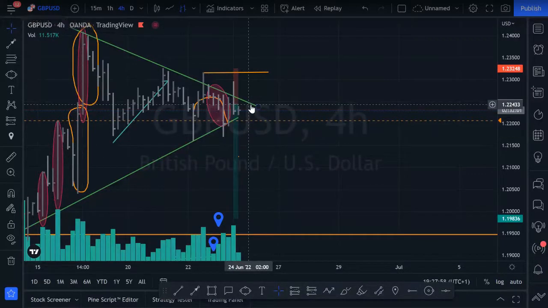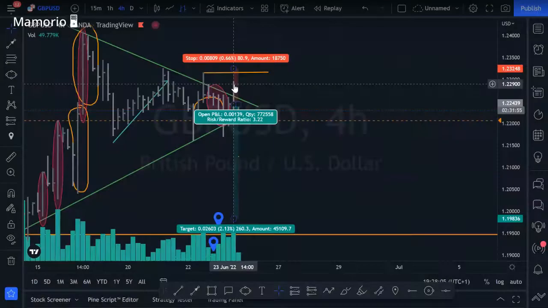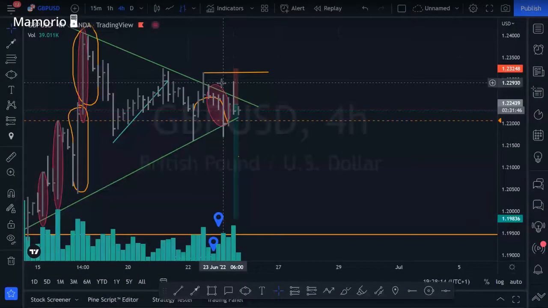That's why I'm in a position around here. I entered after this candlestick, I mean this bar closed after it tested these areas for supply.